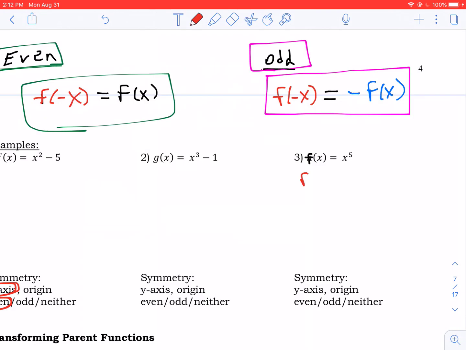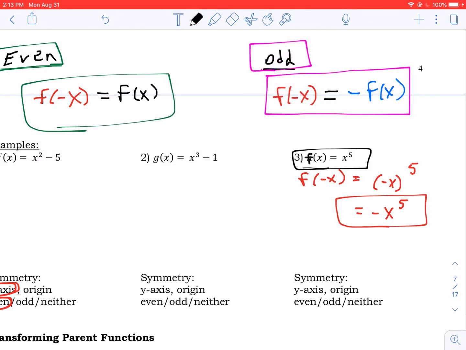So what's f of negative x? Well, remember, always that's just what you get if you replace x in the original equation with negative x. And this is negative x to the 5th. Okay? So we've got our two functions here, and the first thing we can now answer is, is this even?